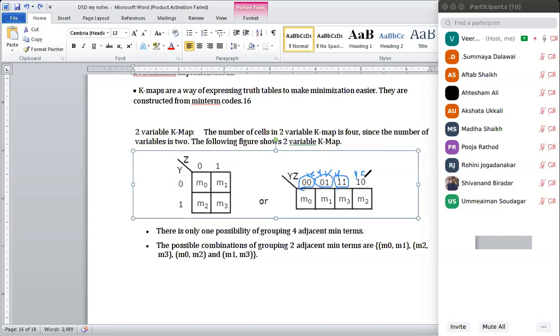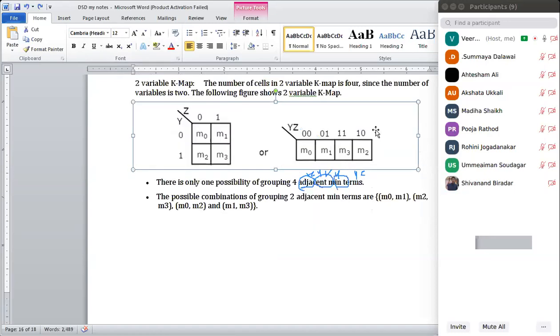Transition is happening only in the z value. Why we are going for this is, when I go for 0 0, this is y, this is z, 0 1, 1 0, 1 1. What will happen here?